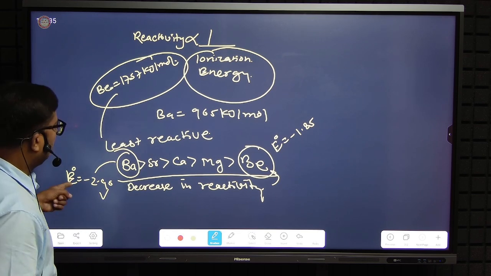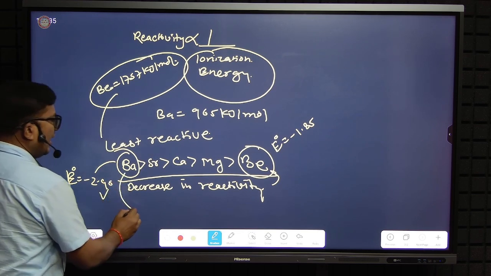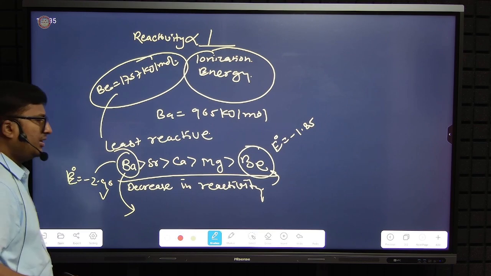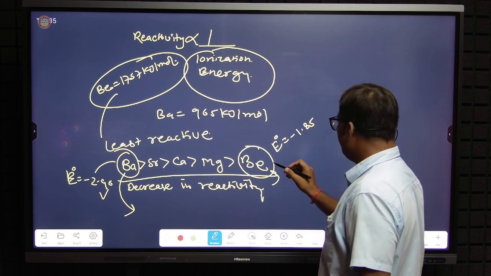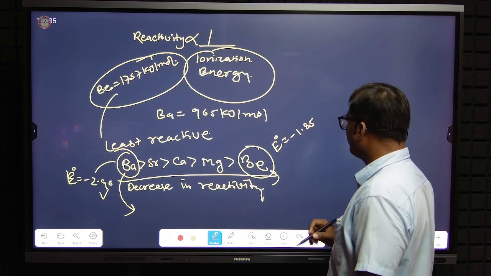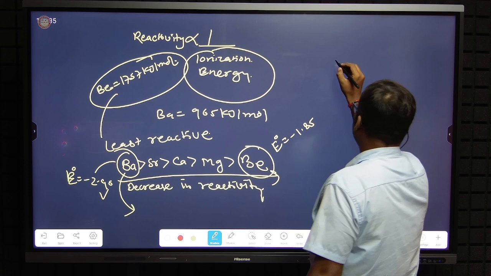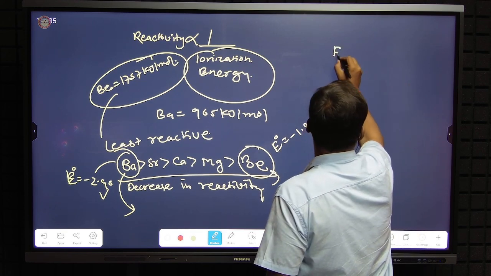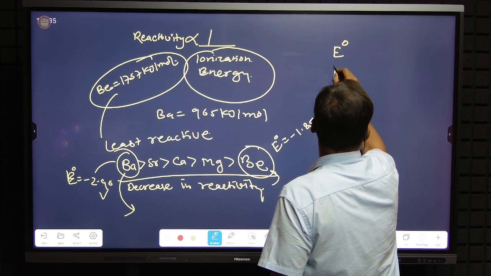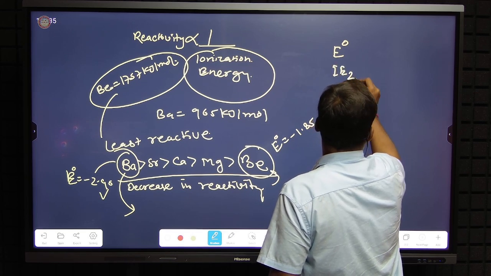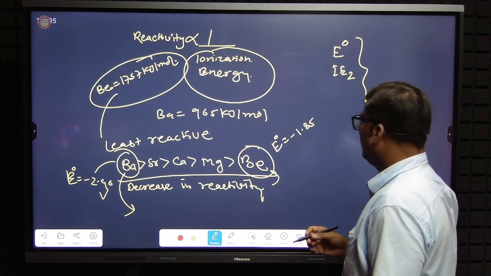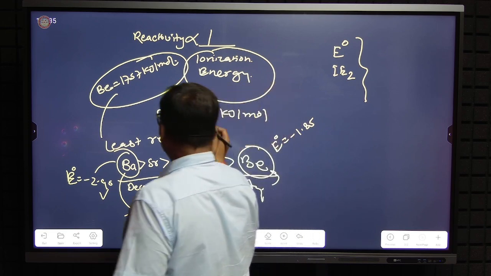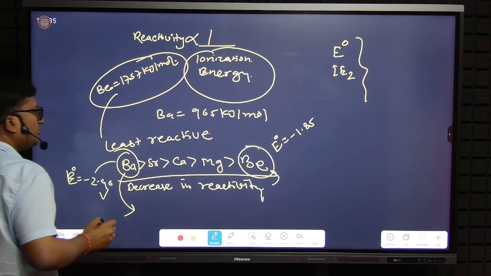So barium can be oxidized easily, but beryllium cannot be oxidized easily. So from the standard reduction potential E0 and second ionization energy, we can explain the reactivity of these metals.